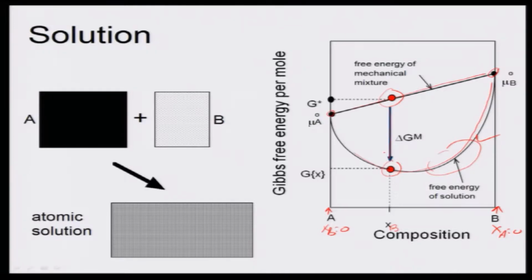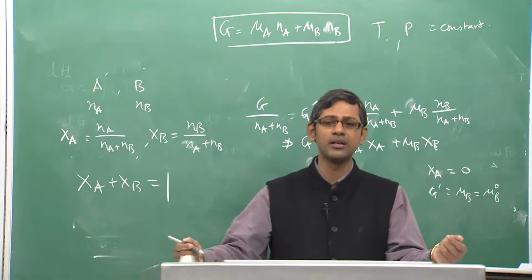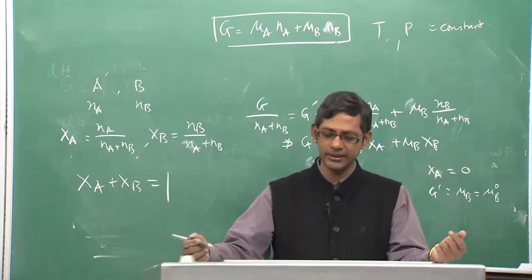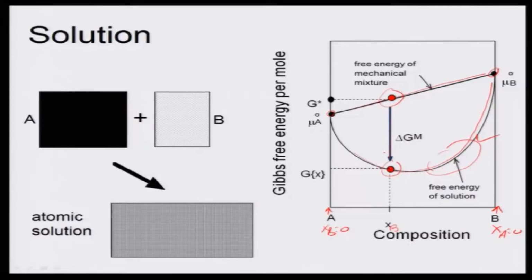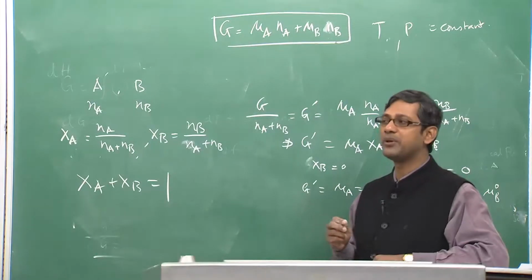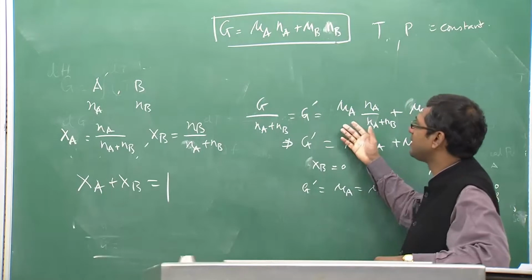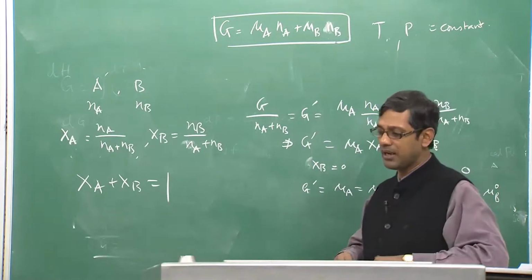That is why if you add salt into water, it forms a solution easily, and if you add sugar into water or coffee into milk, it gets mixed very easily. Thermodynamically, because of the phi energy change, the solution gets stabilized.